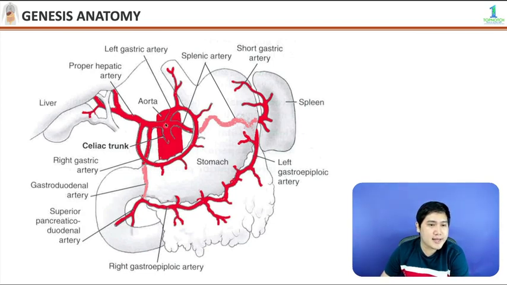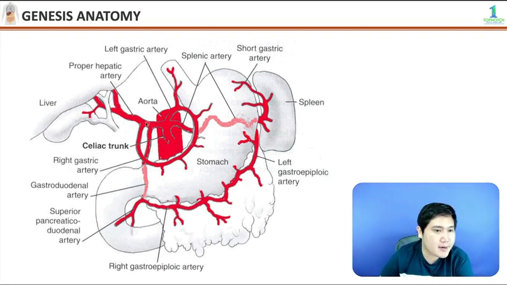So this is your celiac trunk. This is the left gastric artery. This is your splenic artery, which will give off the short gastric and the left gastroepiploic, and pancreatic branches. This is your hepatic artery, which will give the right and left hepatic artery, and eventually the cystic artery.